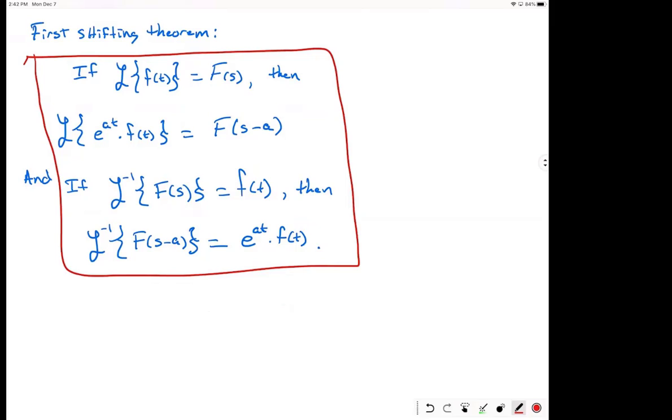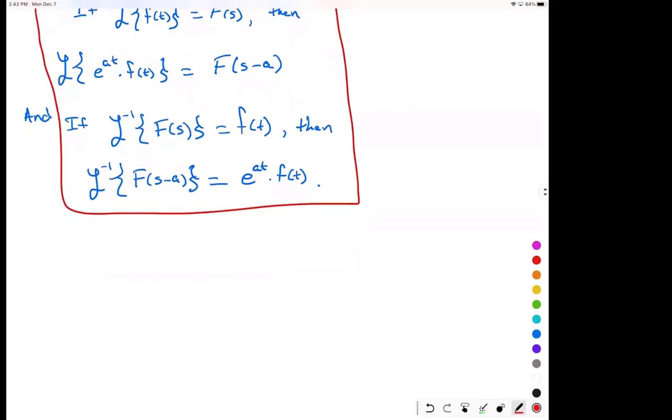On your table that you have, it doesn't explicitly say that, but some tables it will show up as its own line on the table. And then sometimes you're just meant to know what the first shifting theorem is so that you know how to do that on your own.